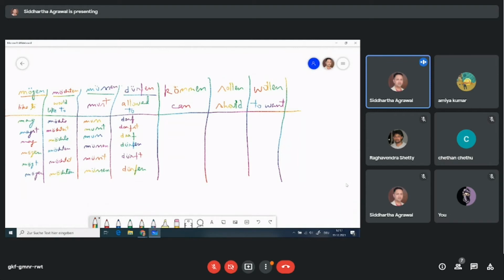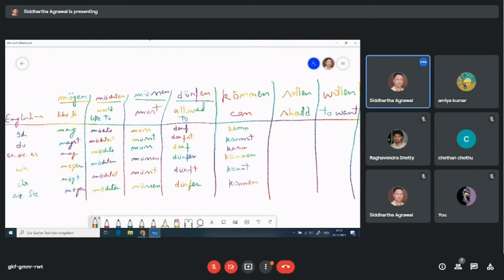Especially for Amia, I would like to mention here that although these are irregular verbs, or you can say strong verbs, which do not follow the regular rules of conjugation, there's still good news: the ich form and the er/sie/es form remain almost the same, or maybe every time the same.